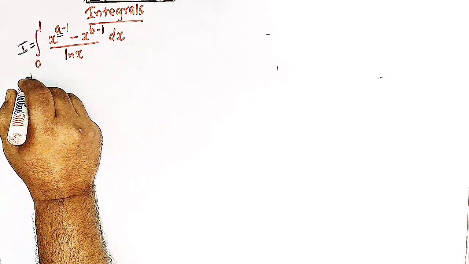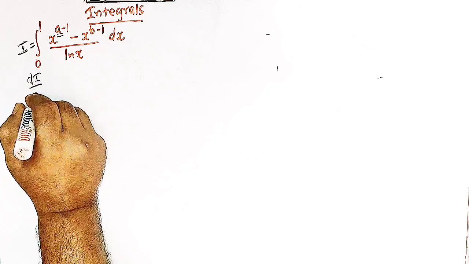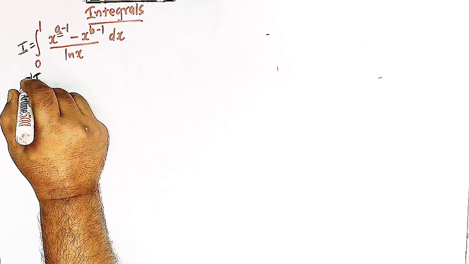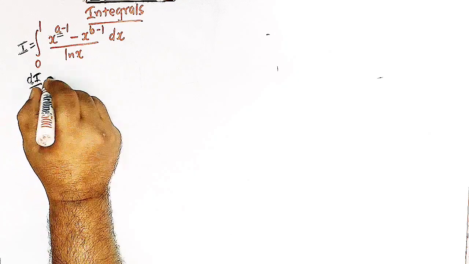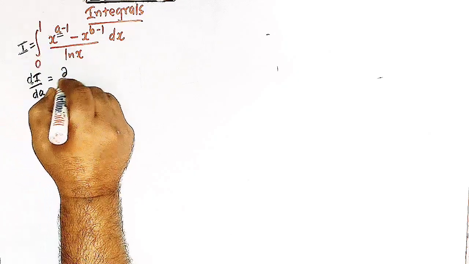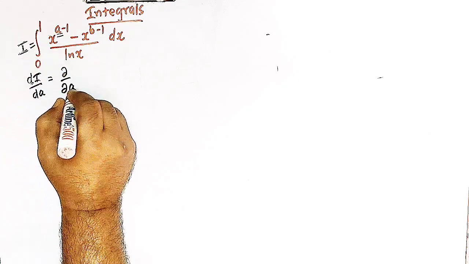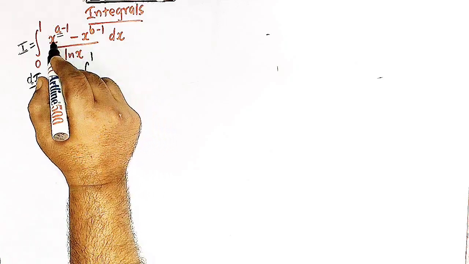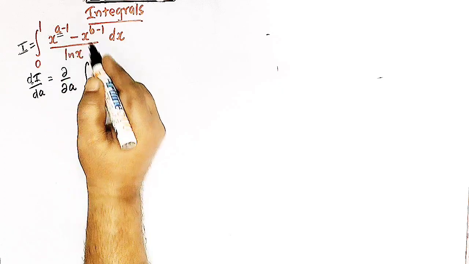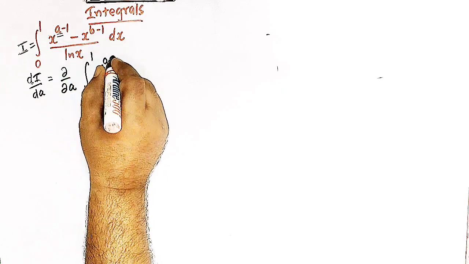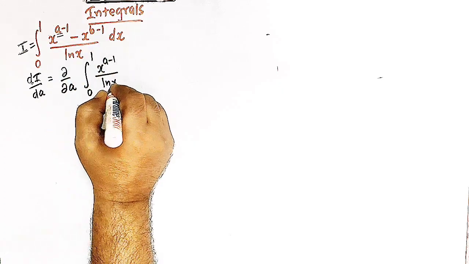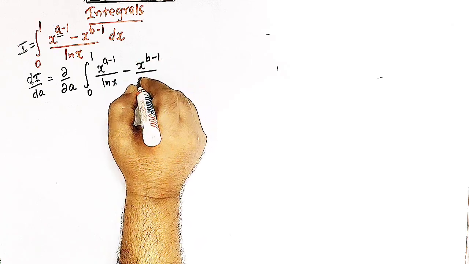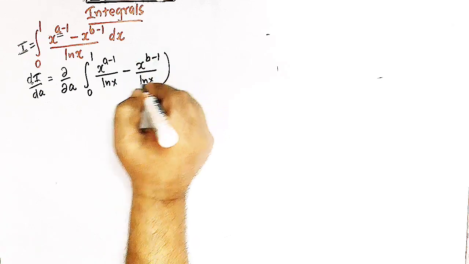So here we can now write dI over da. So we'll differentiate this integral I with respect to a. So here we write this operator, that is del over del a, and here we have the integral 0 to 1, and we can write the integrand as x raised to a minus 1 over natural log of x minus x raised to b minus 1 over natural log of x.